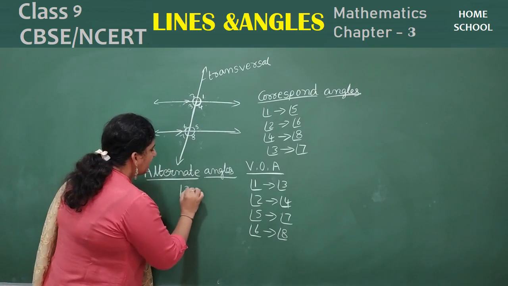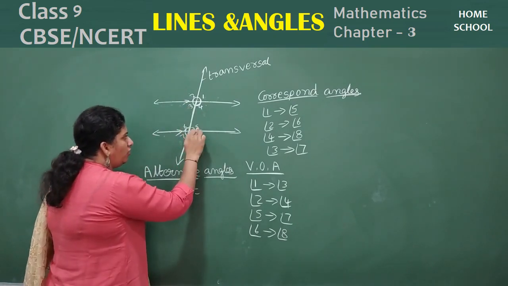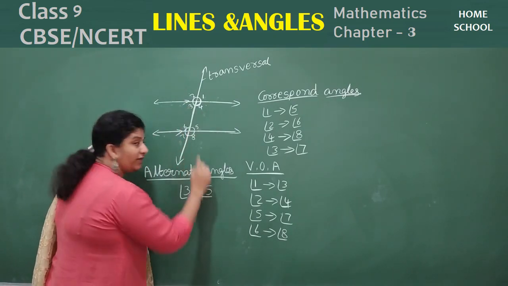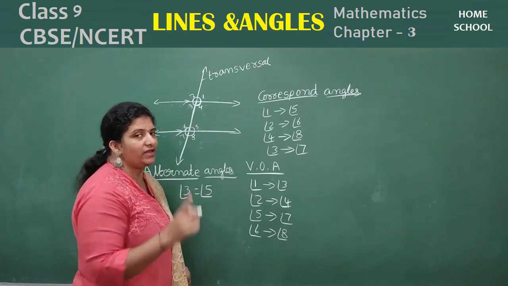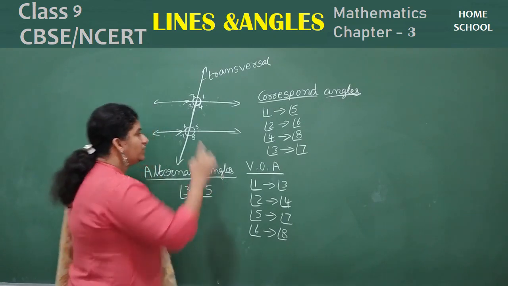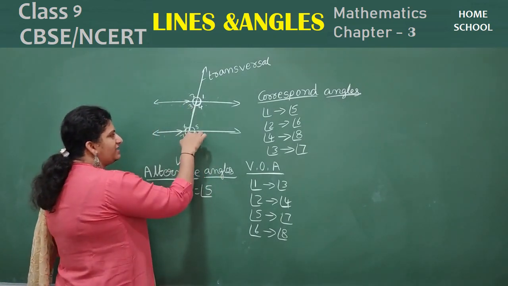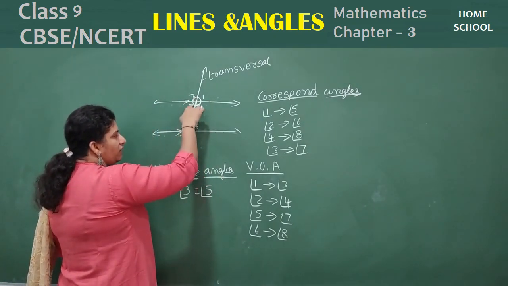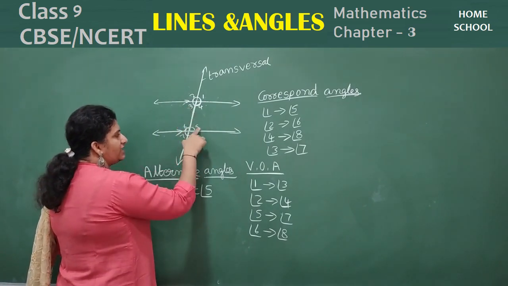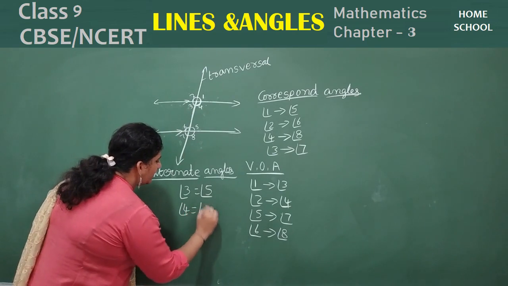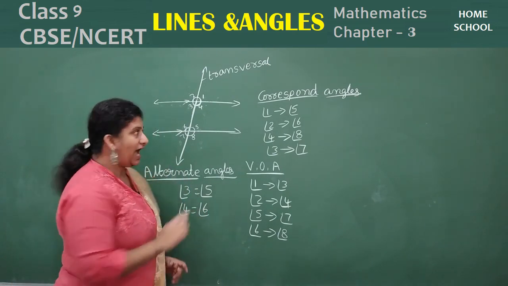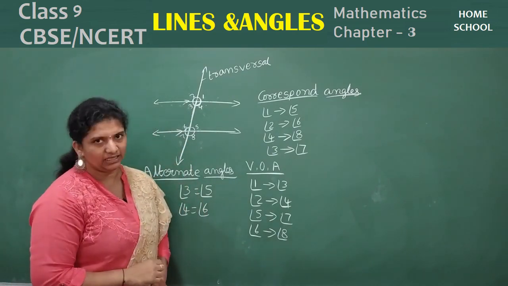That is, angle 3 is alternate to angle 5. In between two parallel lines we call them alternate. If they are not parallel we can't say those are alternate. So in between these two parallel lines, on the opposite sides of a transversal, angle 3 is alternate to angle 5, angle 4 is alternate to angle 6, and these angles are equal.